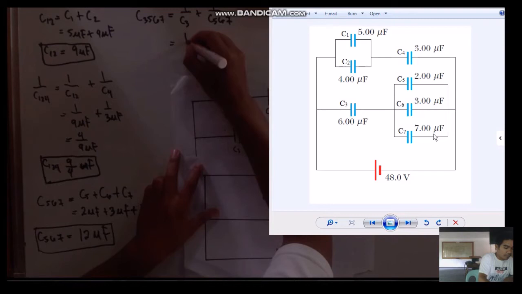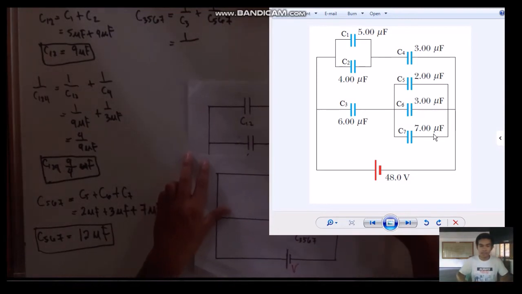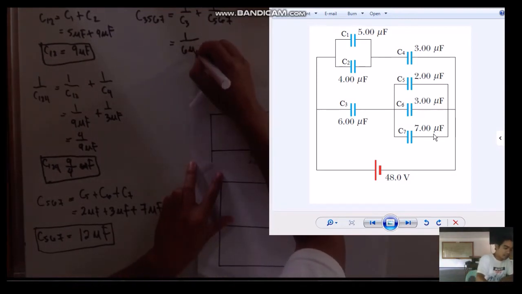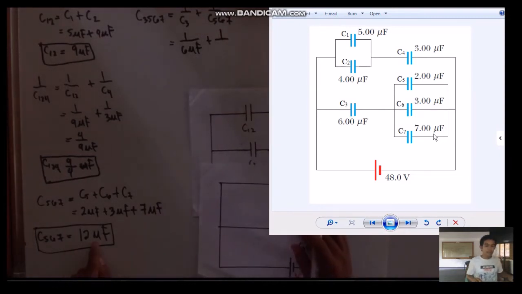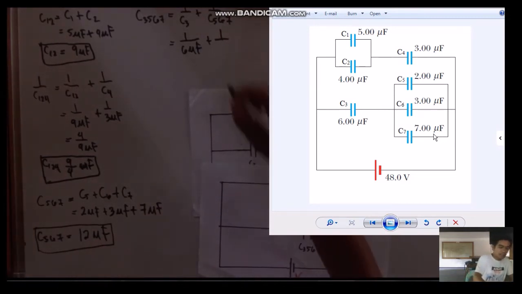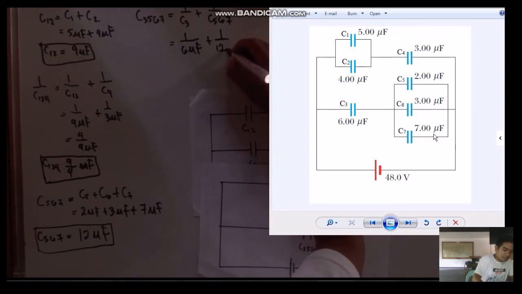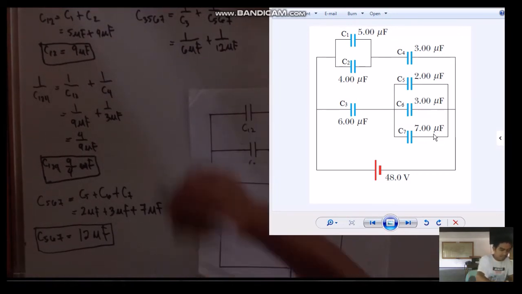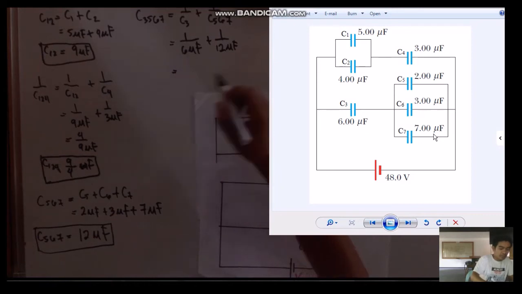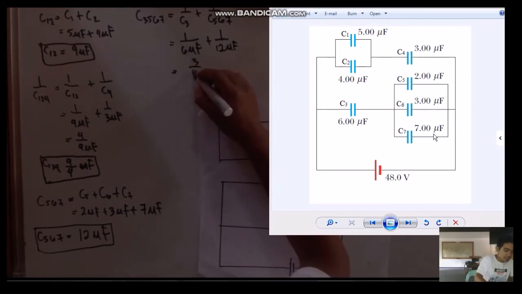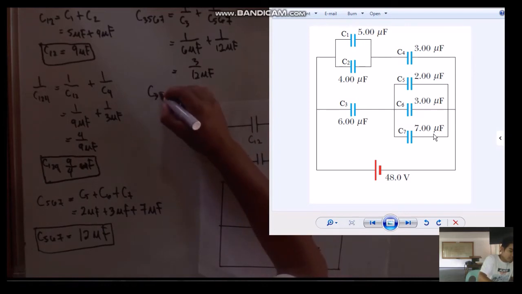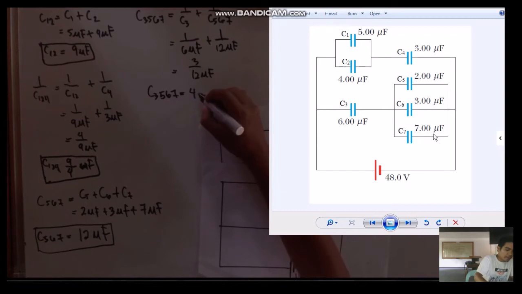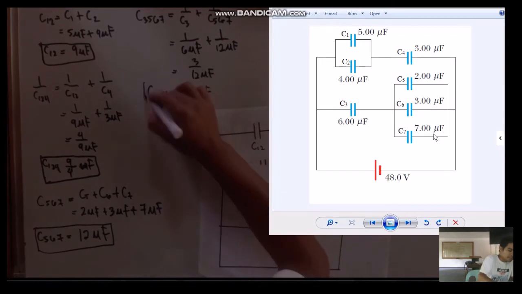What is C3? That's 6 microfarad. Plus 1 over C567, that's 12 microfarad. Then that is multiplied by 2, that's 3 over 12 microfarad. Or C3567 must be equal to 4 microfarad.